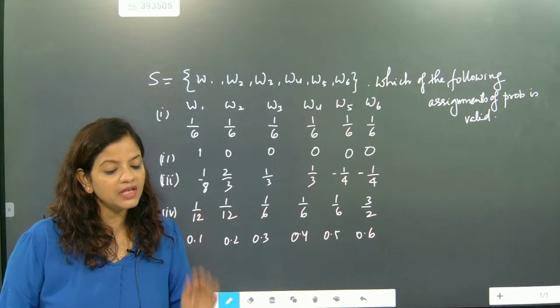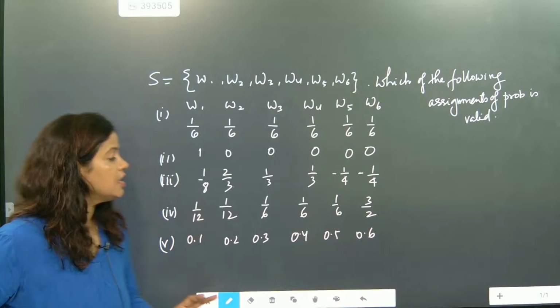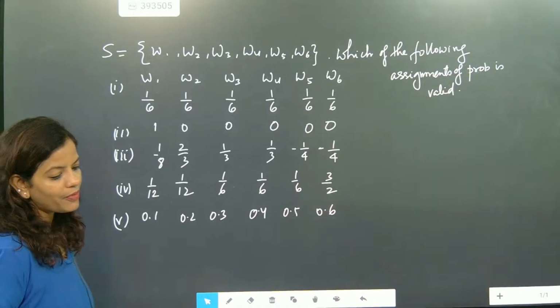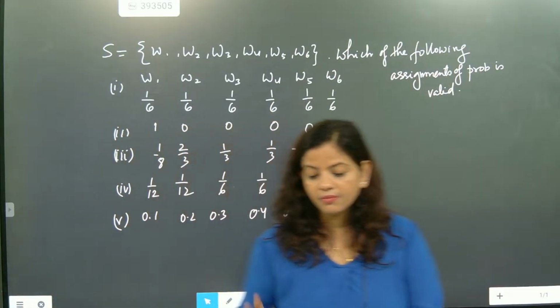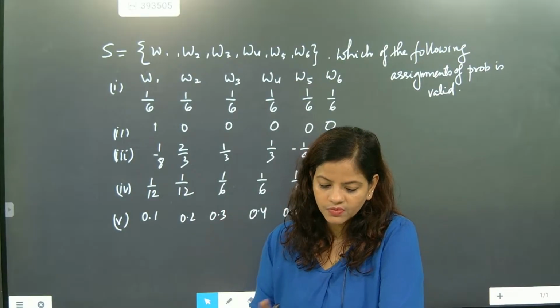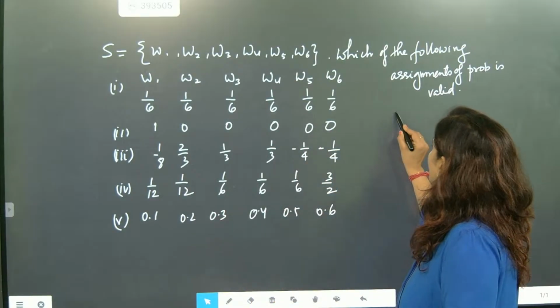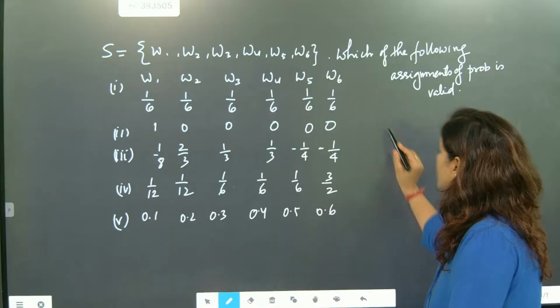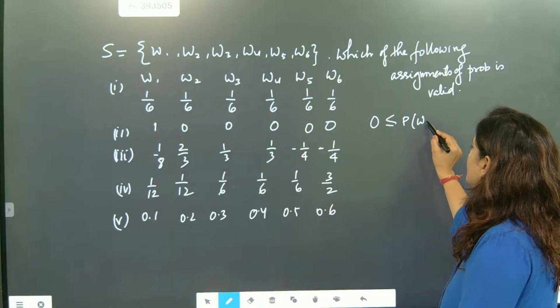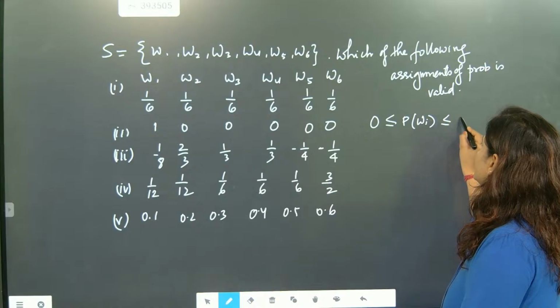So what is the meaning of valid? Valid means whenever we are finding probability, the probability of every event, Wi, must be between 0 to 1.